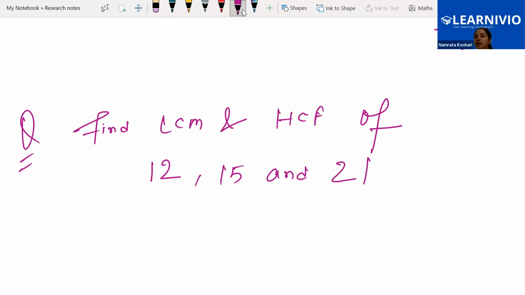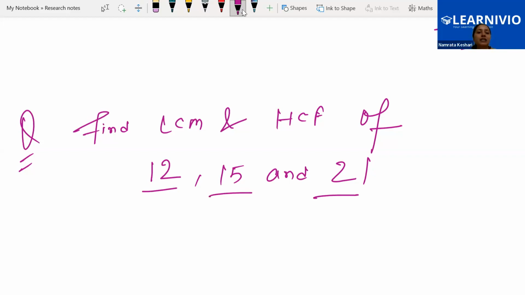Now here the previous formula is not applicable. We cannot say the LCM into HCF is equal to the product of all the numbers. That formula is only applicable for two numbers. So here we have three different numbers.